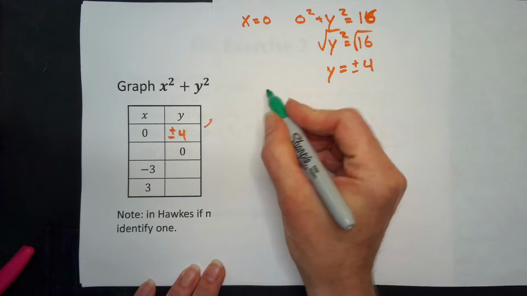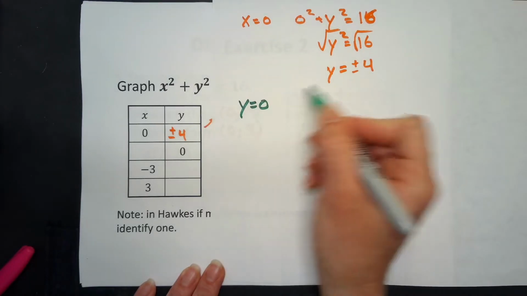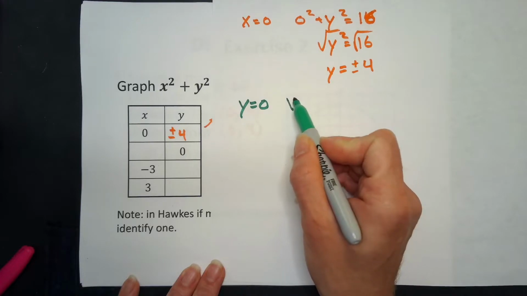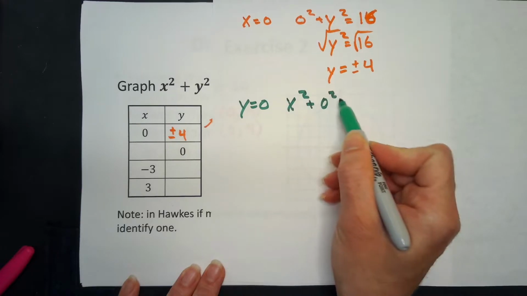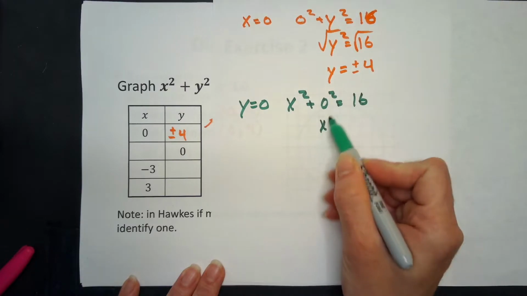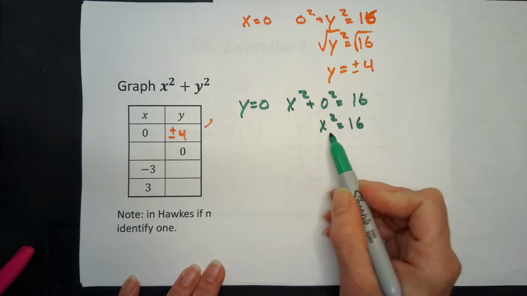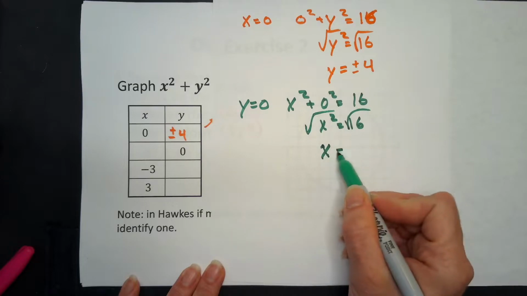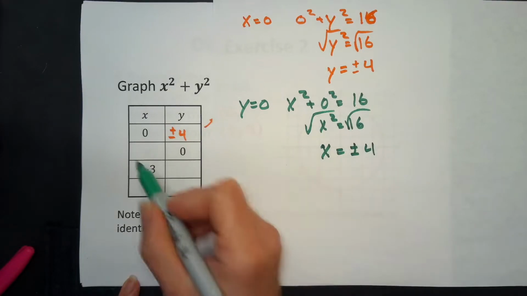It's very similar for y equals 0. So y equals 0 is going to give us x squared plus 0 squared equals 16. X squared equals 16, so we take the square root of both sides, and we get x equals plus or minus 4.